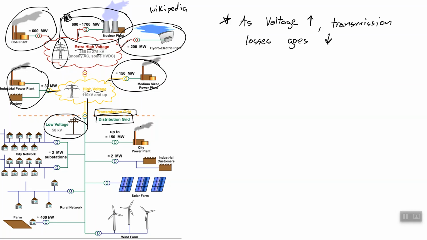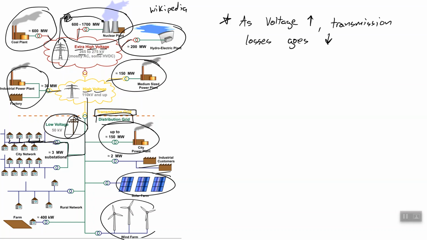So these are where smaller distribution sites, like a small city power plant, or a large factory, or even a solar farm or a wind farm, will be connected. And then, of course, this goes down. So these transport to neighborhoods, which are then transformed at transformers down to the actual 110 volts, which goes into each house, or 220 volts.